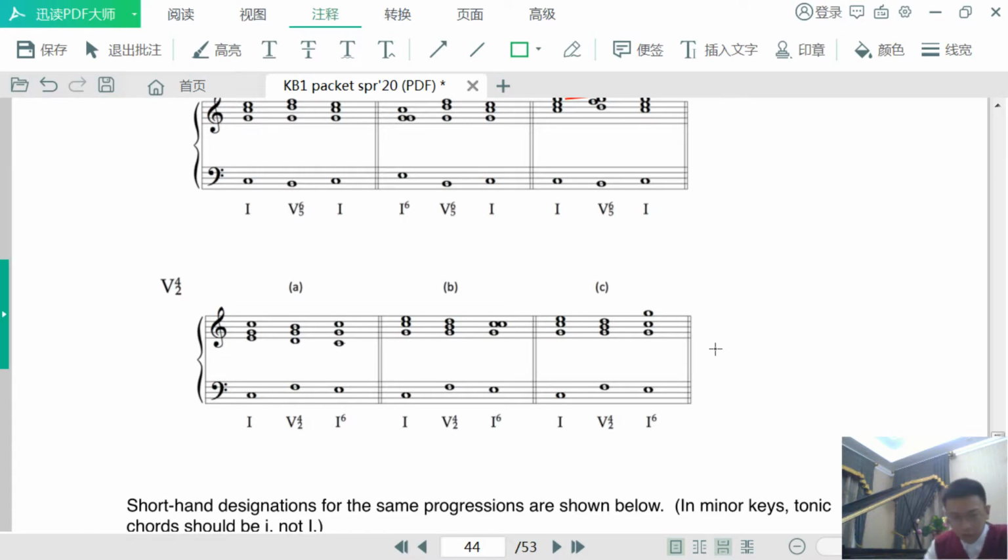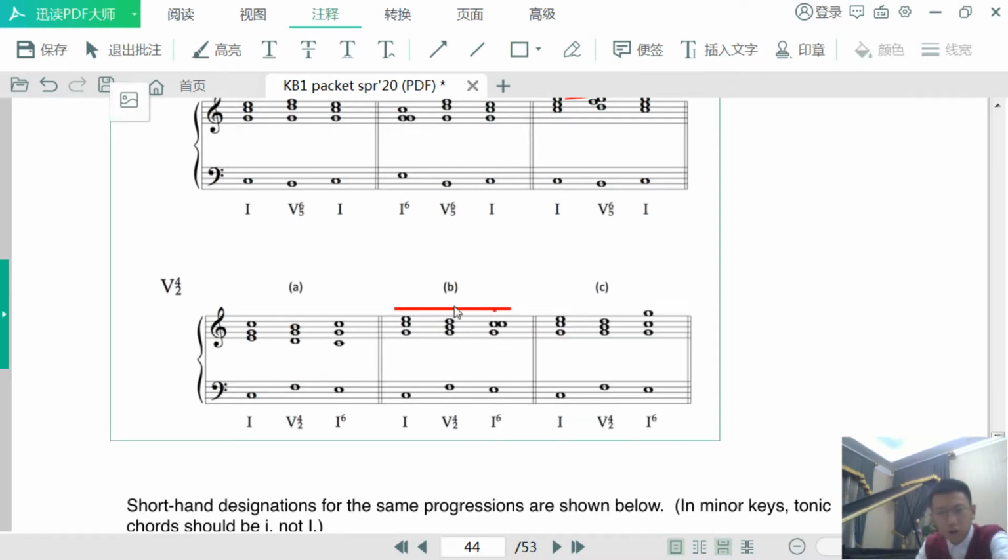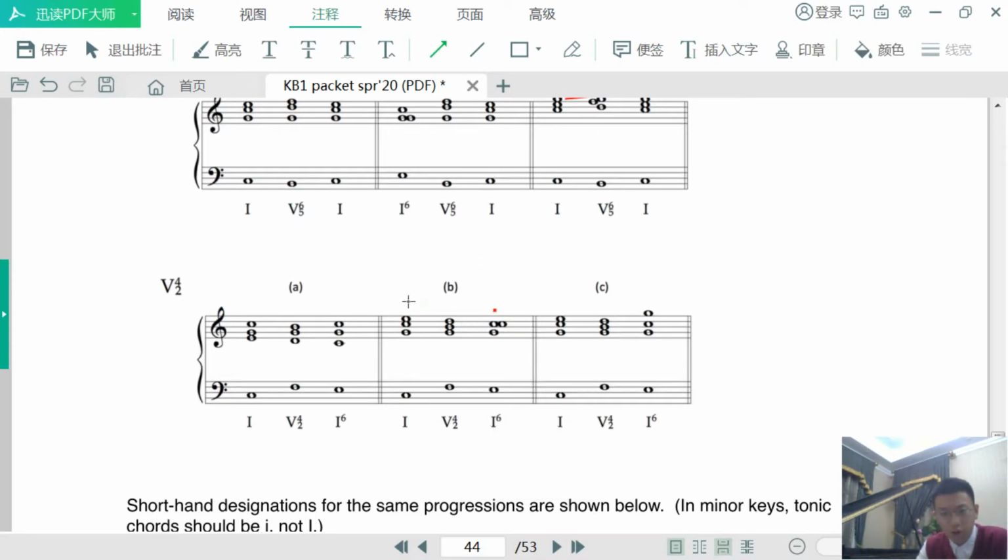And for part B, the descending line in the soprano will be 3-1. We can do 1-5-4-2, keeping the common tone and moving the other voices as little as possible.